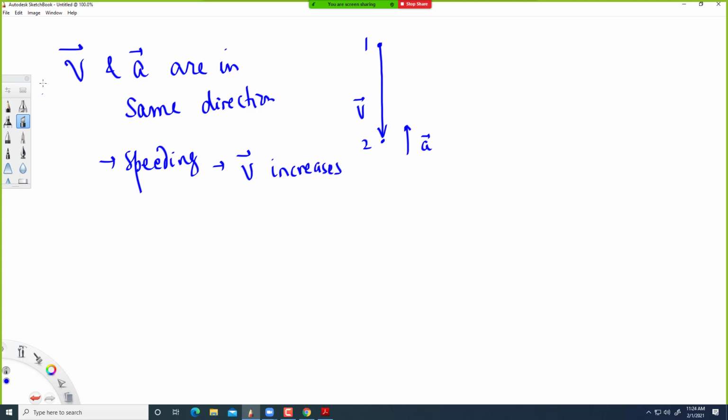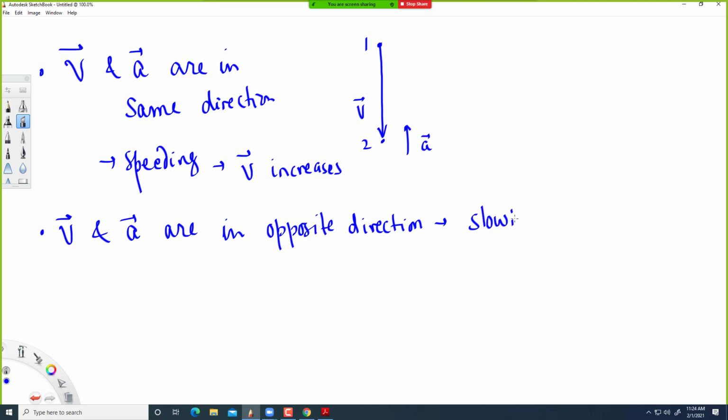So here the case is V and A are in opposite directions. That means it's slowing down. We saw this rule last time.